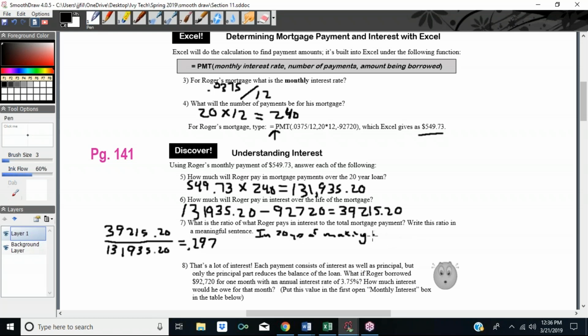Of making only that $549. Let's see. Roger will have 29.7% of his money go towards interest.